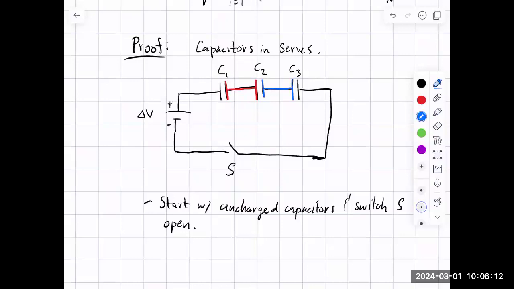There's no direct contact between them. And if these capacitors are all initially uncharged so that there's no excess charge on any of these plates, then the thing that I colored red and the thing that I colored blue are neutral. And they always have to be neutral, even after I close the switch, because there's no direct contact between them and the battery. So there's no way that I could transfer charge directly onto these red and blue conductors.